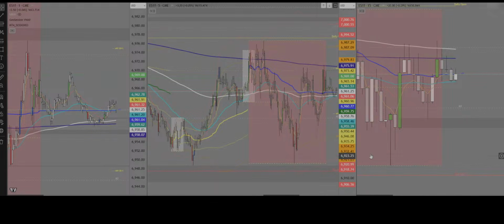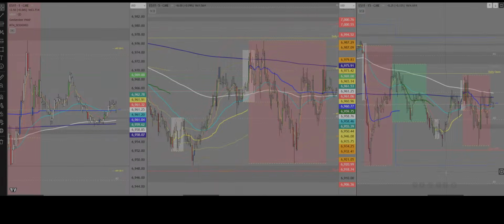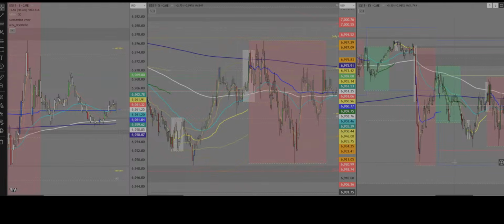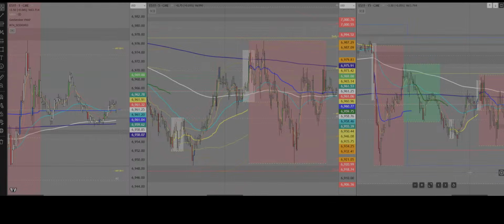I do a lot of reversal trades. More than anything, I do reversal trades. Silver bullet or turtle soup. I guess it's silver bullet. I don't know.